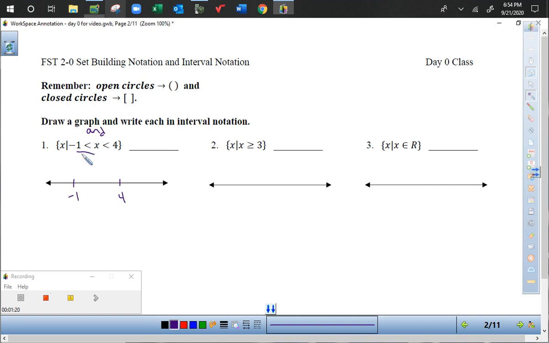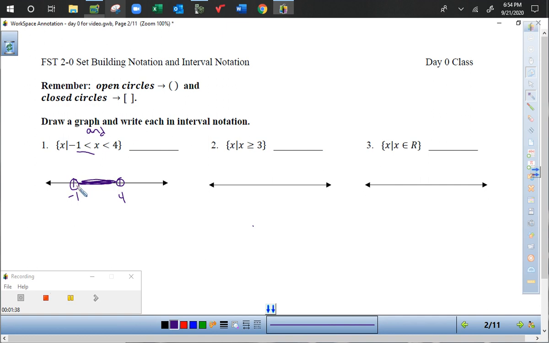Okay, so -1 here doesn't have an underline, so it's not really included. We'll put a circle there to represent that. Same thing goes on 4, and then since it's between, we'll just shade between. Now, how we write this in interval notation is using parentheses or brackets to decide whether a number is included in the set of our solutions or not.